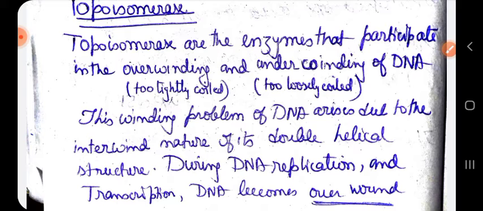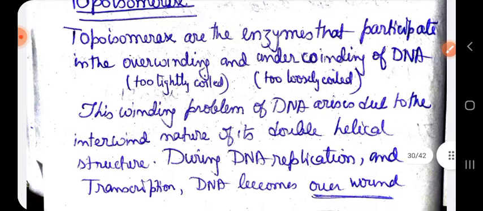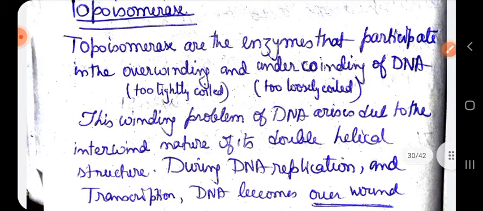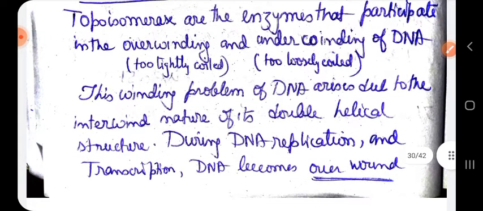To minimize that problem, topoisomerase carries out its function by cleaving one of the strands or both of the strands, and then minimizes that force, that knot condition, that overwinding condition. It undergoes underwinding and then again reseals the strand with the help of its ligase activity. So this winding problem of DNA arises due to the intertwined nature of its double helical structure.